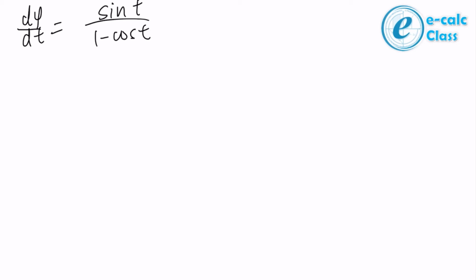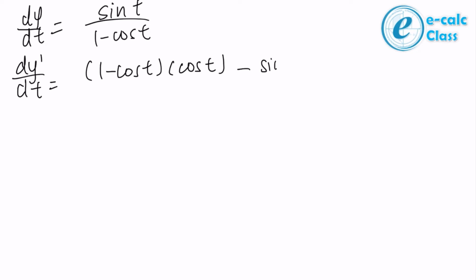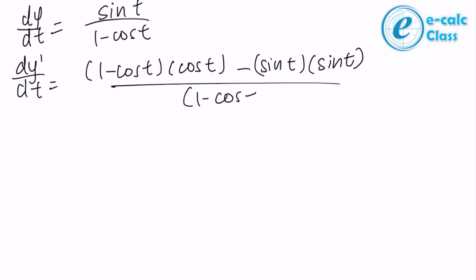We'll differentiate this one first. Copy bottom, differentiate top, minus copy top, differentiate bottom, negative and positive: 1 minus cos t squared, cos t minus cos squared t minus sin squared t. Oh, this one very nice.